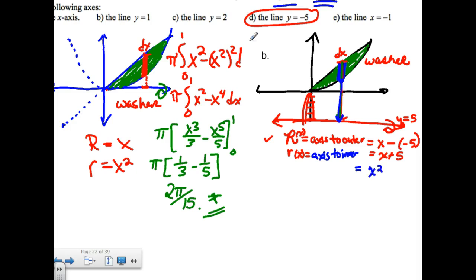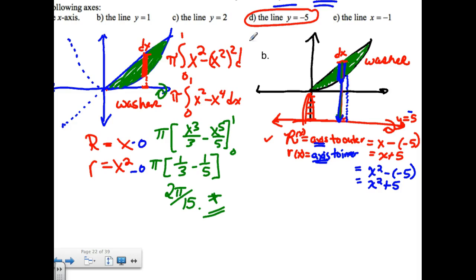The bottom is -5, so I'd have minus -5, and that would become x squared plus 5, which again makes sense because x squared is this distance here, and then there's 5 more to go that way. But just think top minus bottom, and one of them is always the axis of rotation, which over here was a 0, but I've taken my axis of rotation on this one and moved it down 5.